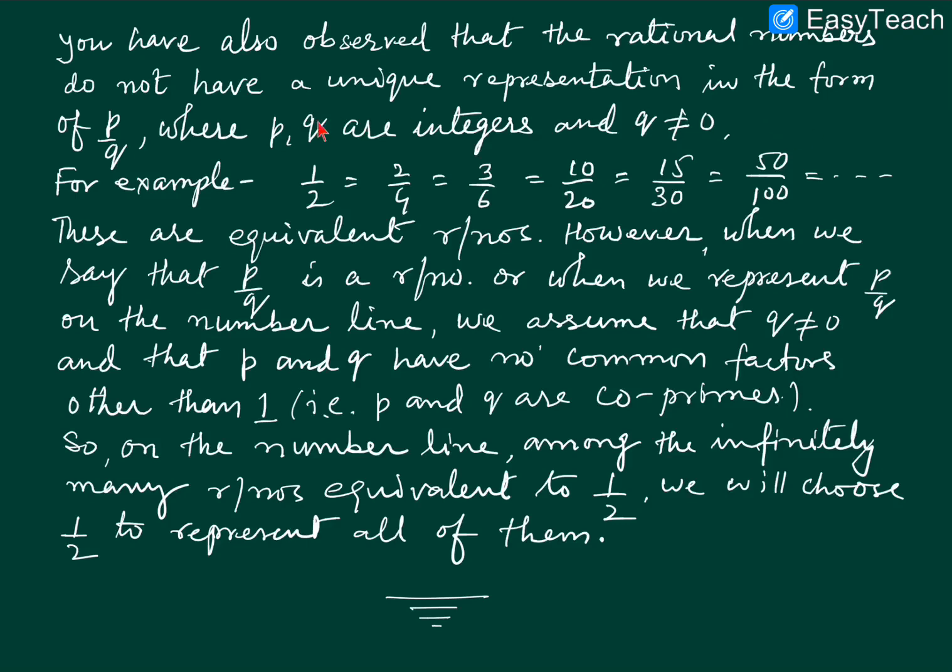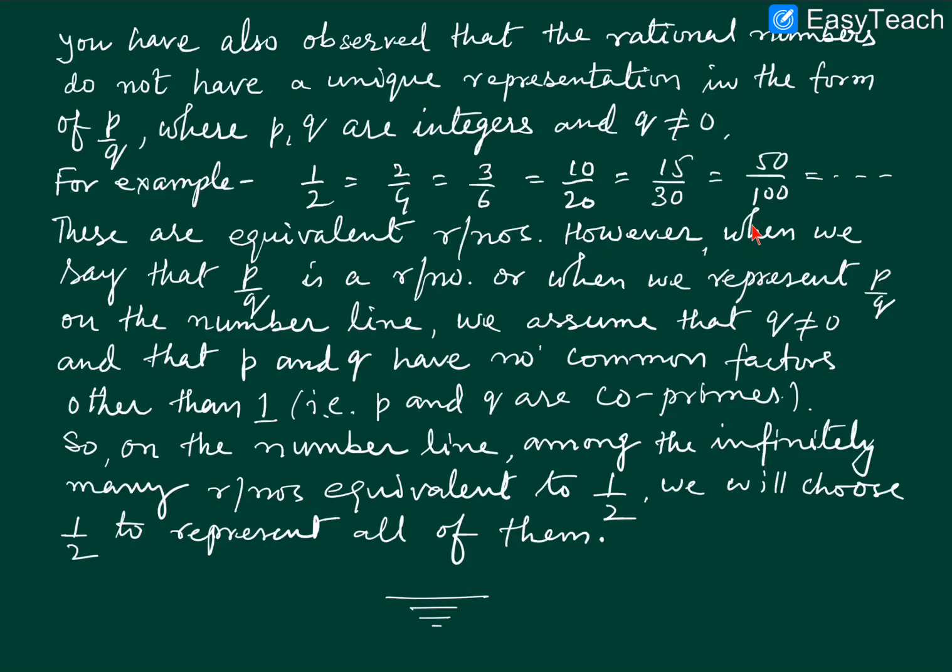So this tells us that a rational number does not have a unique representation in the form of p by q. These are equivalent rational numbers having the same value.